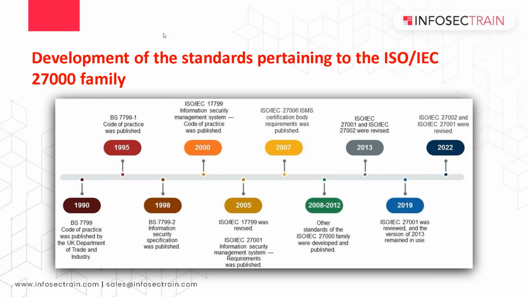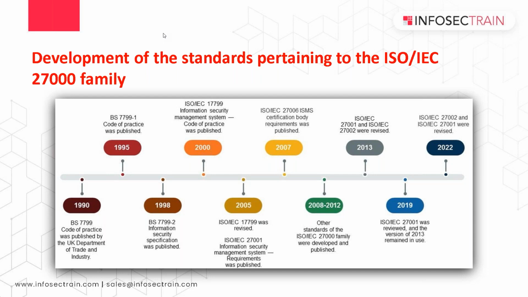ISO 27001 provides a framework which helps an organization of any size, in any industry, to protect information in a systematic manner and also in an effective way. That is what ISO is saying, so you can say this can be a definition for ISO 27001.